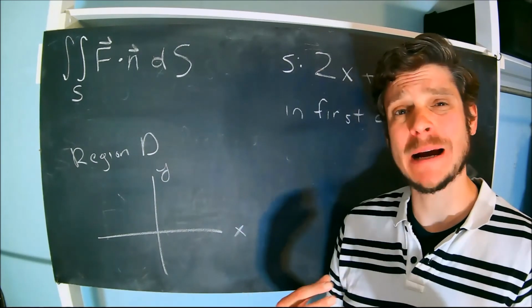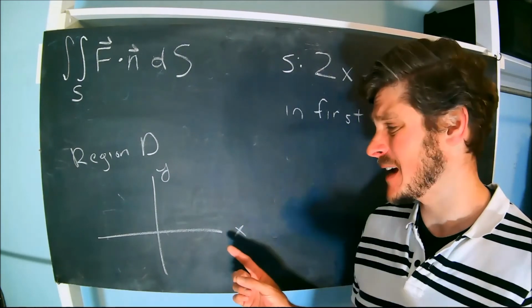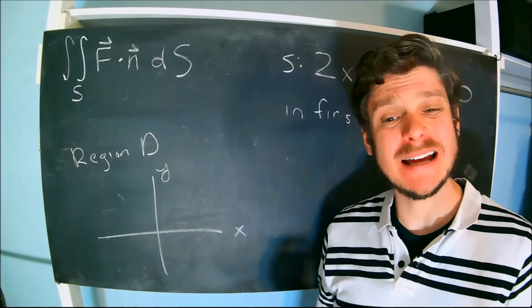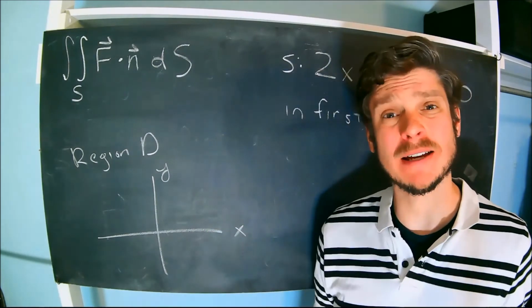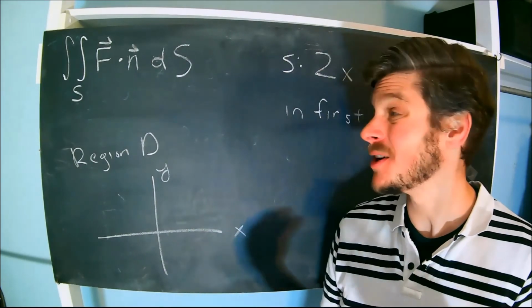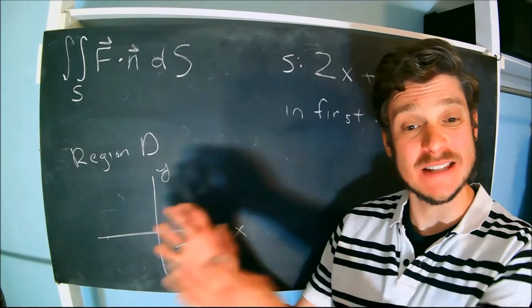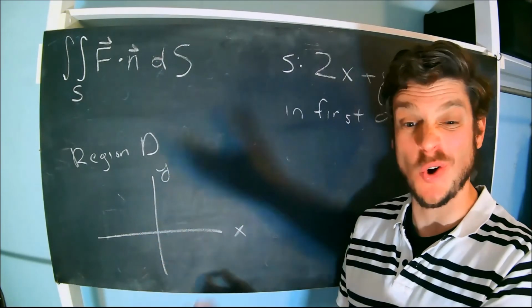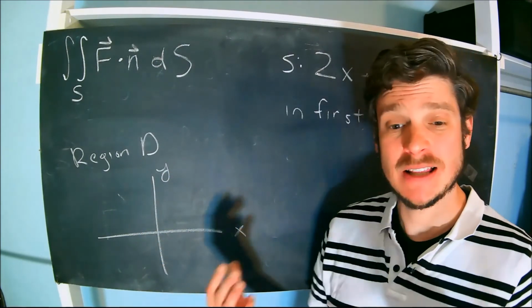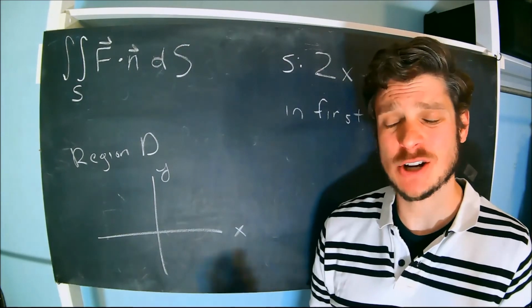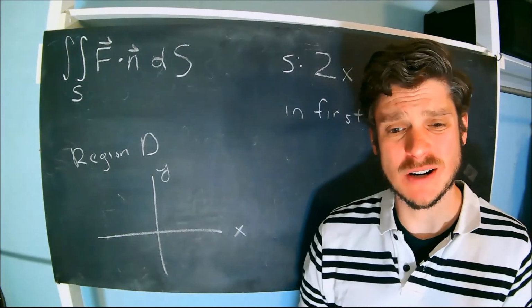And in this case, we already know that our parameterization is going to be in terms of x's and y's, which means my region D has to take place in the xy plane. And again, this is one of those places where being able to write your surface in terms of z equals becomes really nice, because it's always going to be that projection into the xy plane, which is just the case when z equals 0.